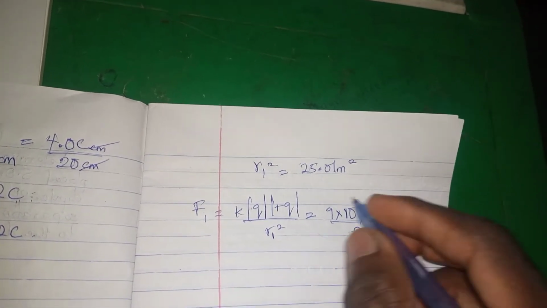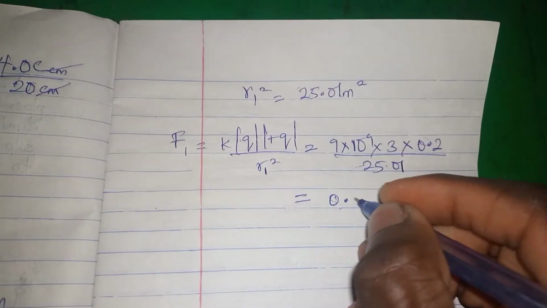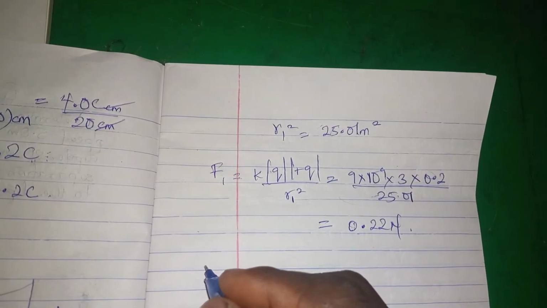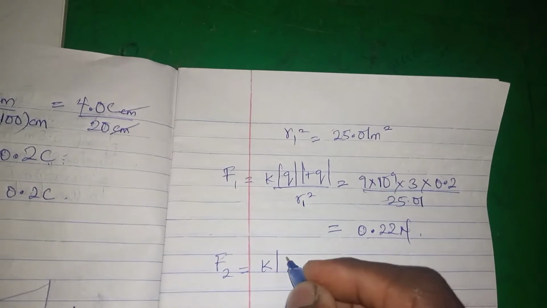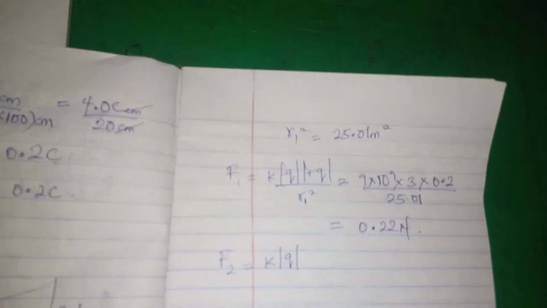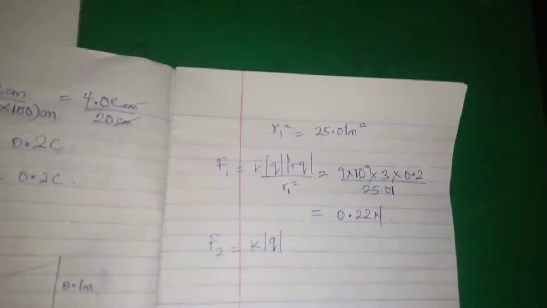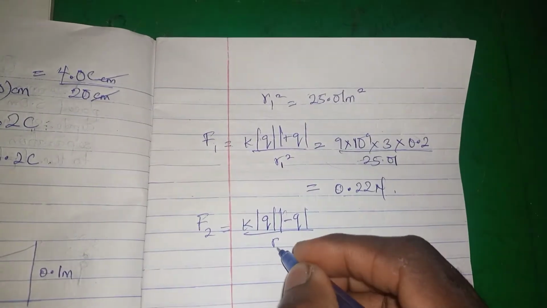If you resolve all of this, you'd obtain 0.22 Newton. So now the same goes for F2. F2 this time around is going to be the relationship between this Q, that is this very charge, and this one, this time around the negative polarity, over this R2.